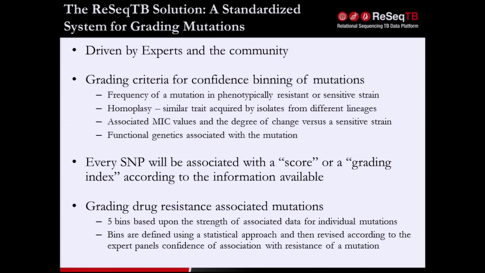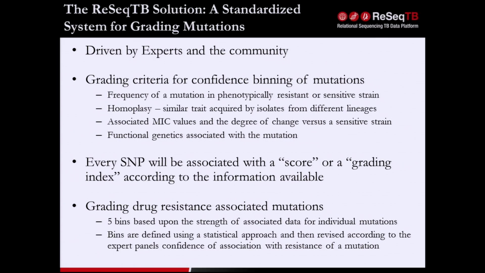And within the ResectDB, we used a consensus-driven approach to develop a grading system for such interpretation. And this grading system is based on main 4 criteria. So first of all, the frequency of mutation among drug-resistant and drug-susceptible isolates.